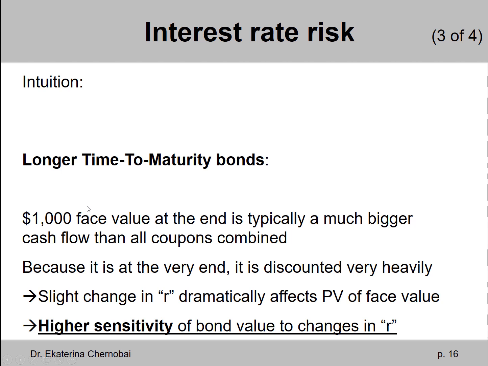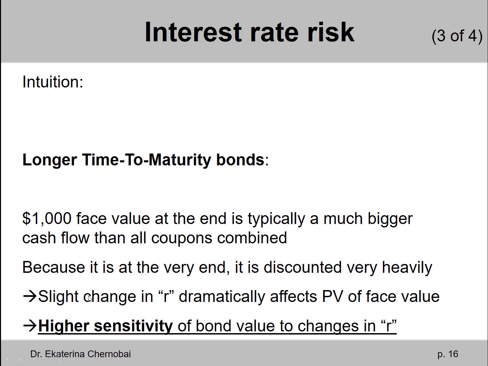And the $1,000 face value is by far the largest cash flow on our timeline because the coupon payments are significantly smaller. So those would be maybe $50 a year, maybe $100 a year. And because the largest dollar amount, the largest cash flow, the $1,000 face value, is at the very end when we discount it as part of finding the bond value, we end up discounting it very heavily.